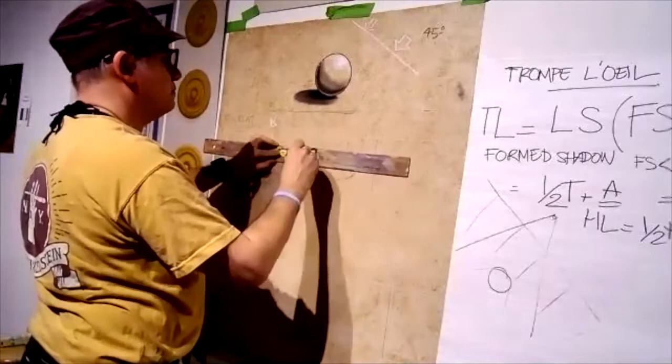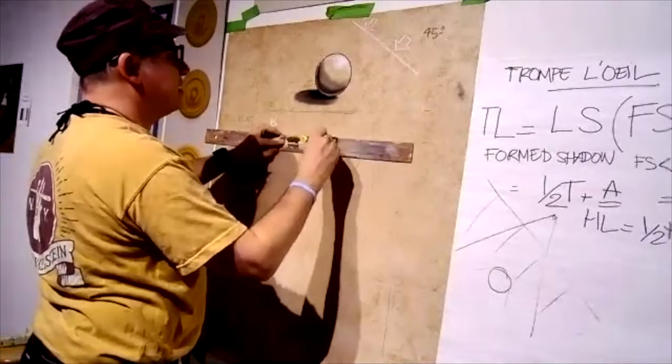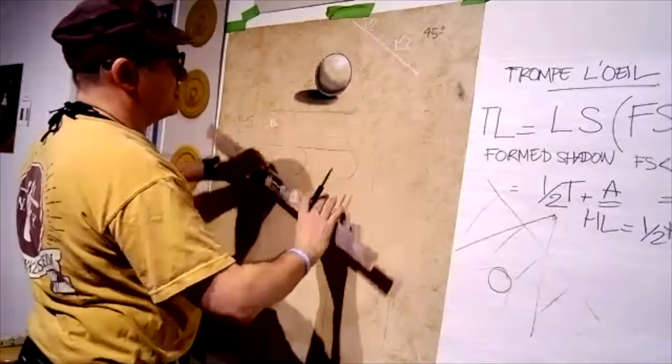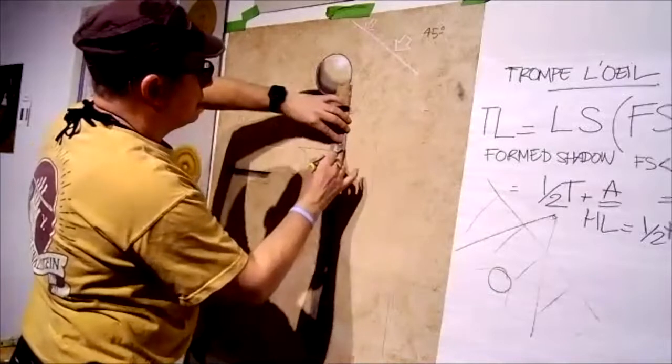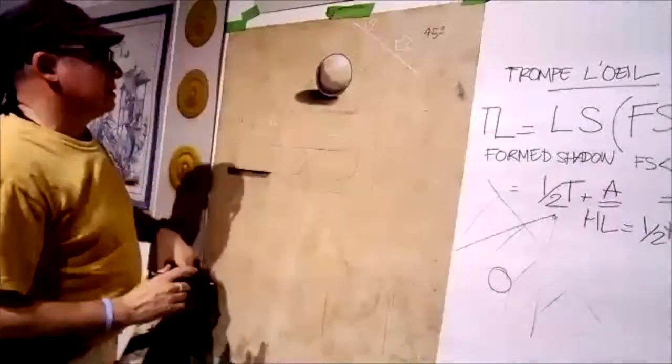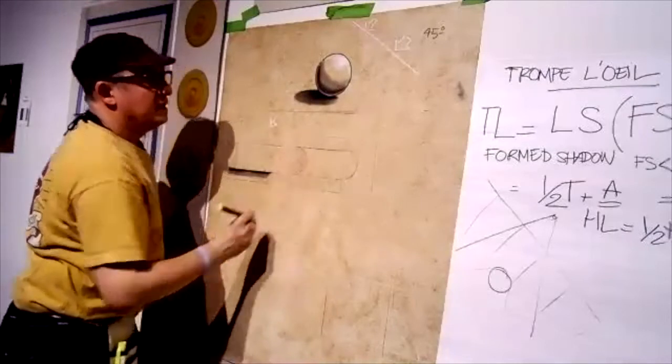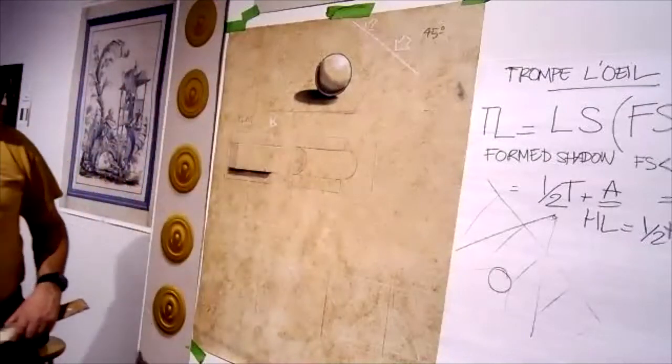Let's go straight here. And then again, I'm placing this on a piece of wood, on a little table, if you will, so you could see what it looks like. All right, so this shape here, it's a half round.